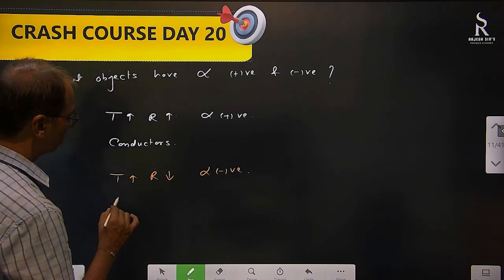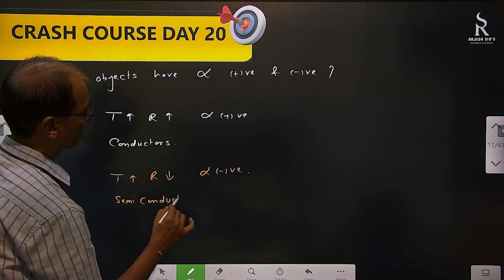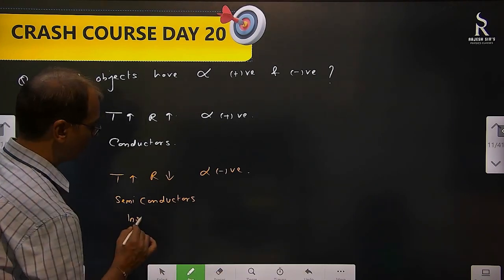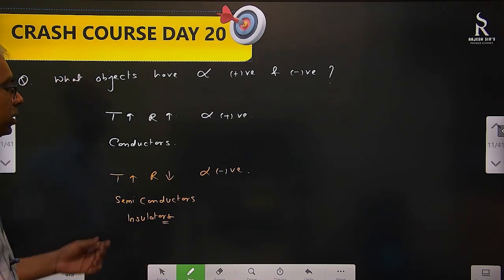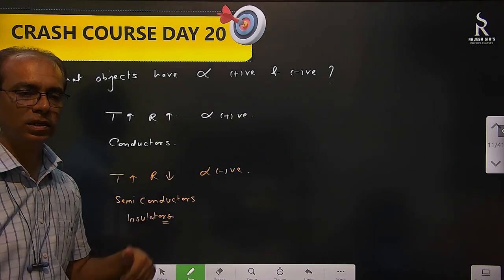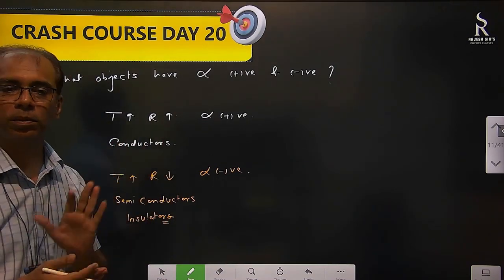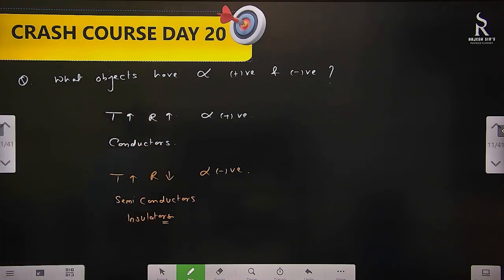What are those? Semiconductors and insulators. So if we increase the temperature, resistance decreases, and if we decrease the temperature, resistance increases. Whereas here, direct proportionality is there. Direct proportionality means alpha positive, and if temperature is increasing and resistance decreasing, then we can say alpha is negative.